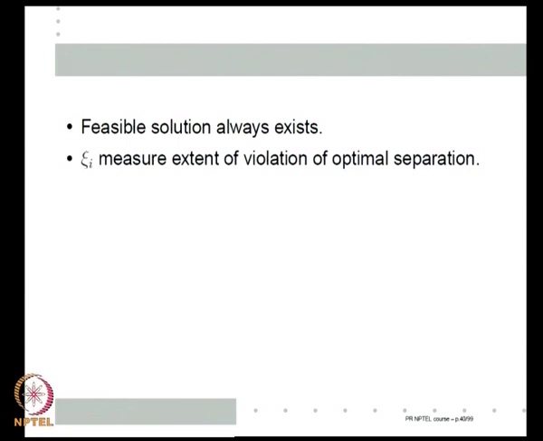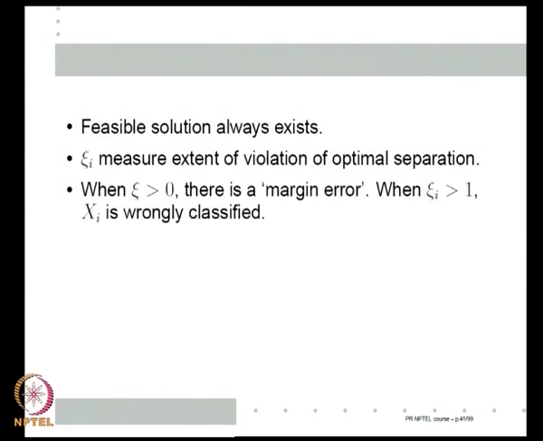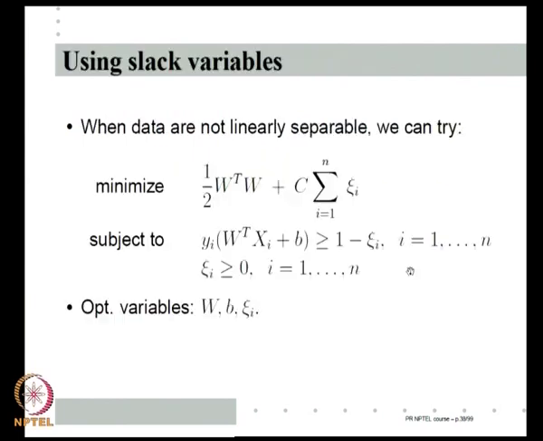Xi measures the extent of violation of the optimal separation, that also we see. Basically if xi is greater than 0, then there is a margin error. If xi is greater than 1, the pattern is wrongly classified. If xi is greater than 0, what it means is yi into W transpose xi plus b is not greater than or equal to 1, it might be only greater than or equal to 0.5. Even if it is greater than or equal to 0.5, the sign of W transpose xi plus b is the same as the sign of y.